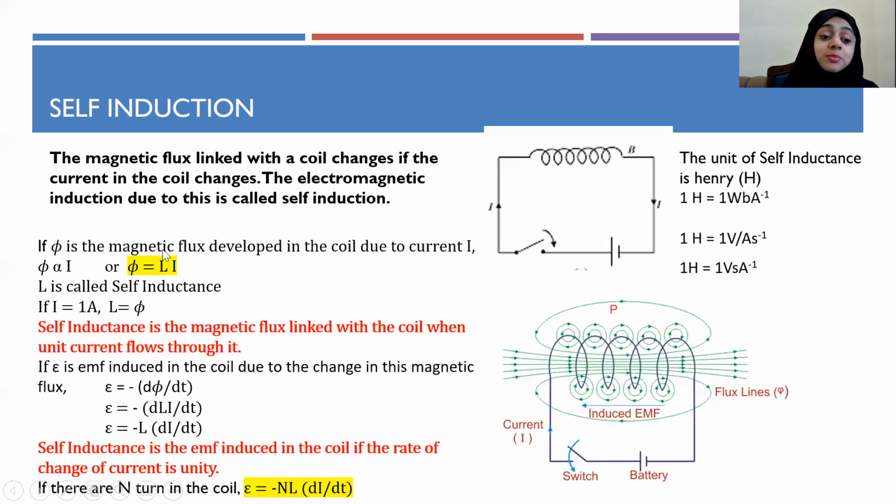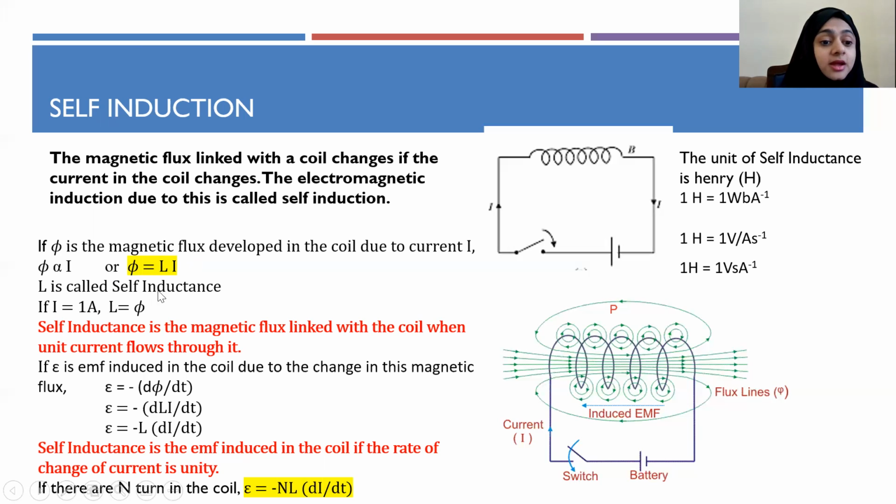It is denoted by the letter L. So L represents the coefficient of self-induction, or it is called self-inductance. So here from this equation, phi is equal to LI, we can define self-inductance.